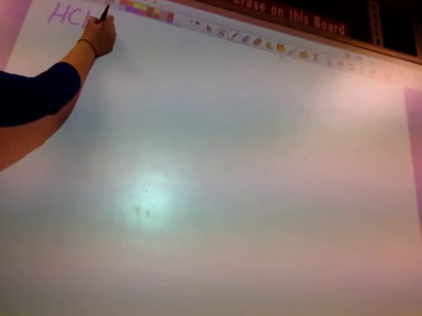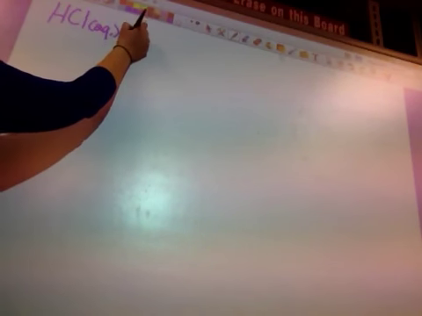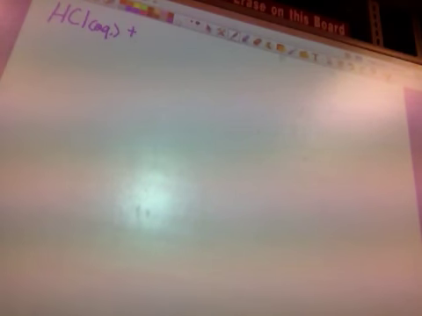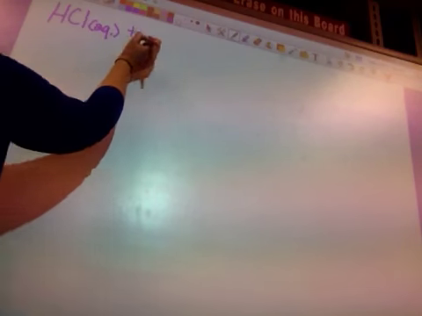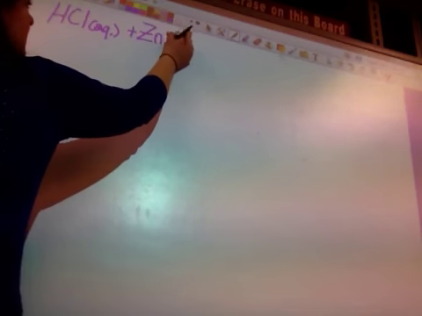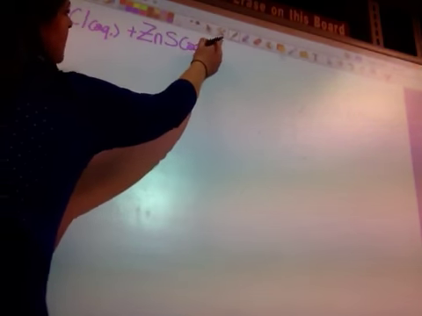Let's say that I gave you hydrochloric acid and let's do zinc 2 sulfide, so ZnS, and that would be another aqueous solution.